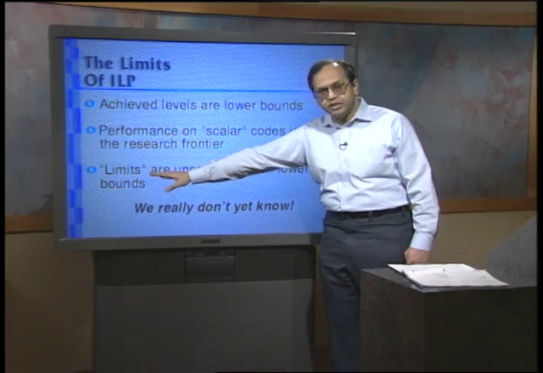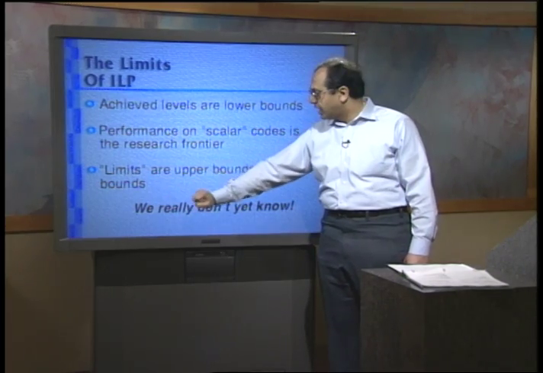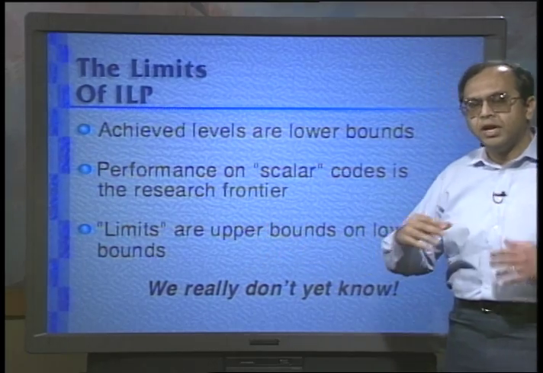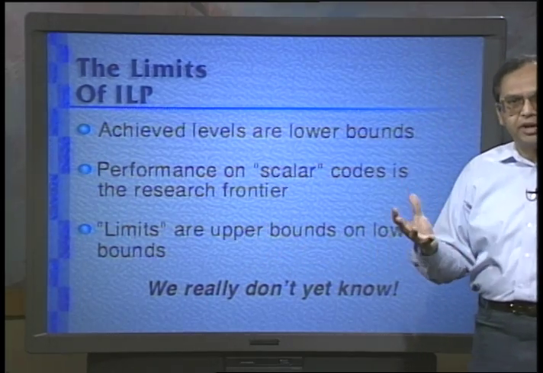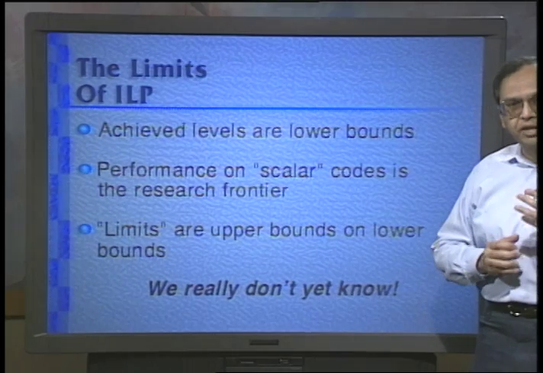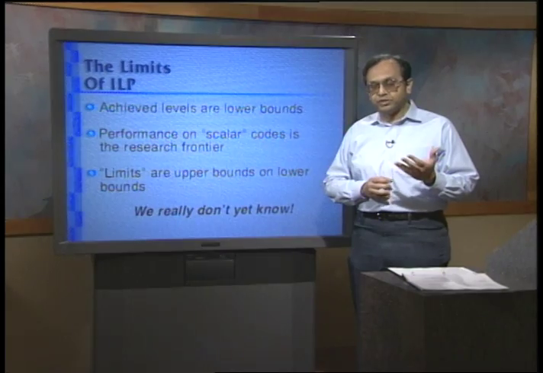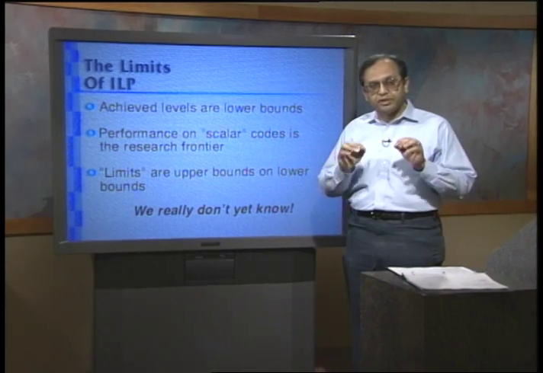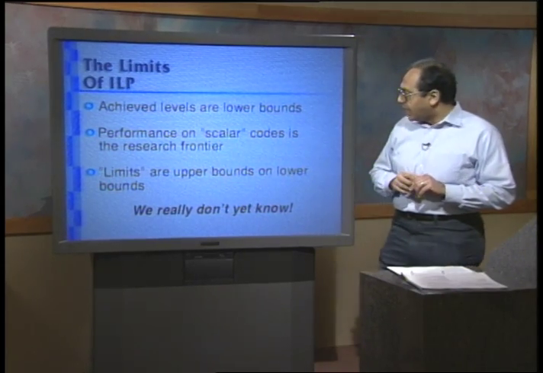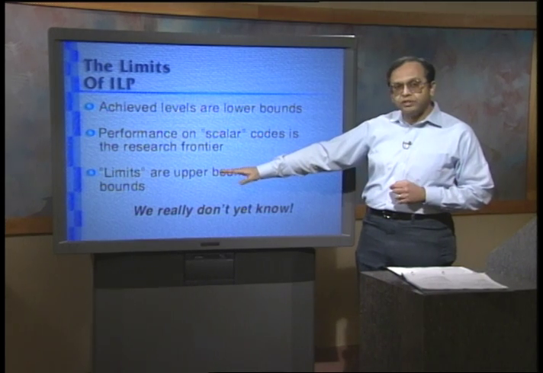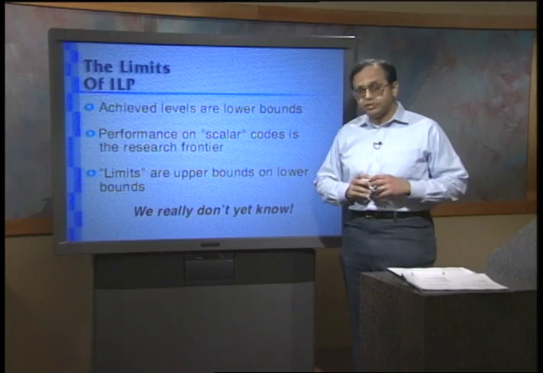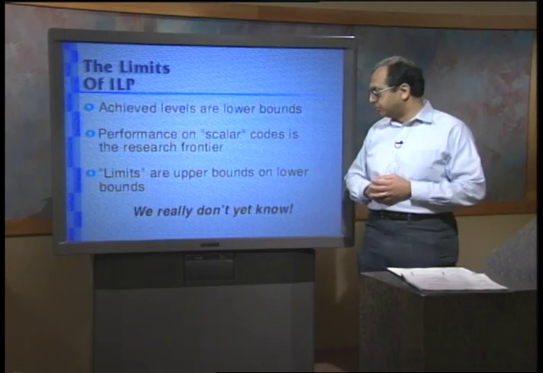There have been a number of studies that claim to be limit studies. And in general, the flavor of these has been, I did this, I measured it, I found so much ILP. It should be clear that all such measurements tend to be lower bounds, really, because they are existence proofs that there's at least that much. However, in many cases, there have been rather generous assumptions made about the memory disambiguation that's possible, for instance, assuming that you can do perfect memory disambiguation.